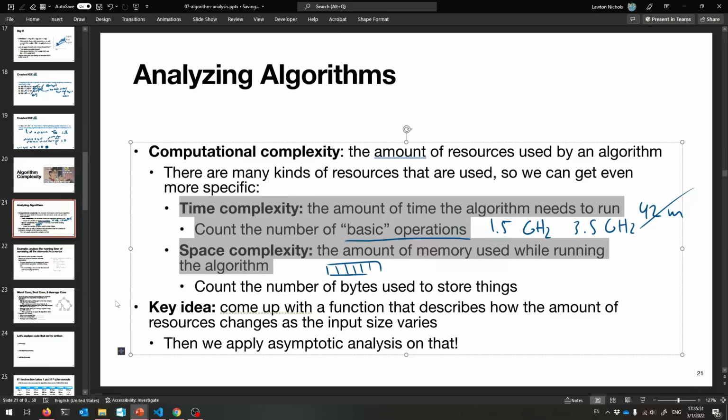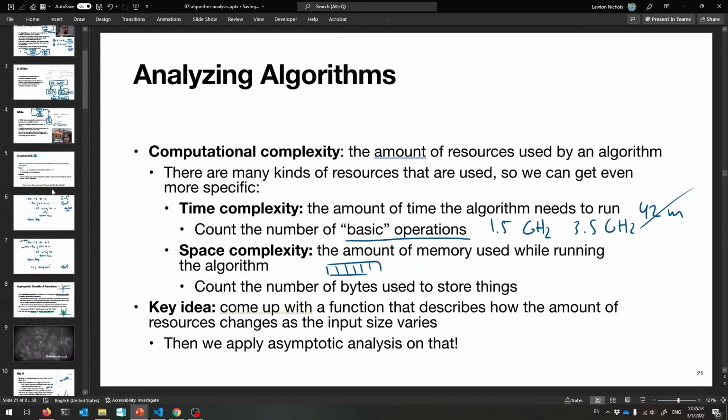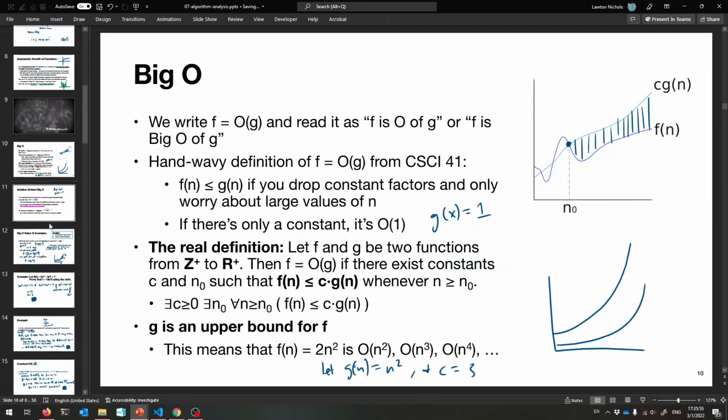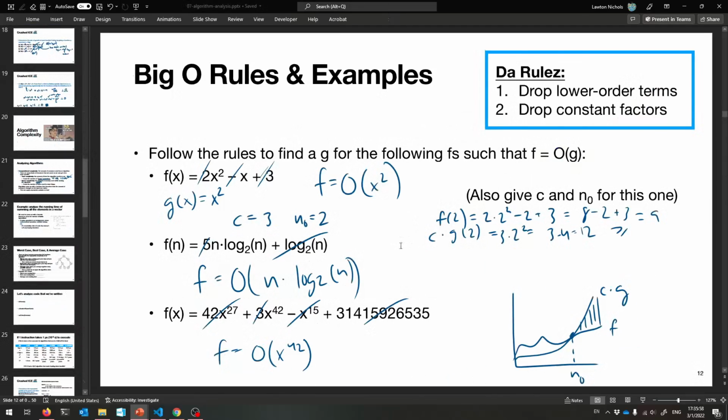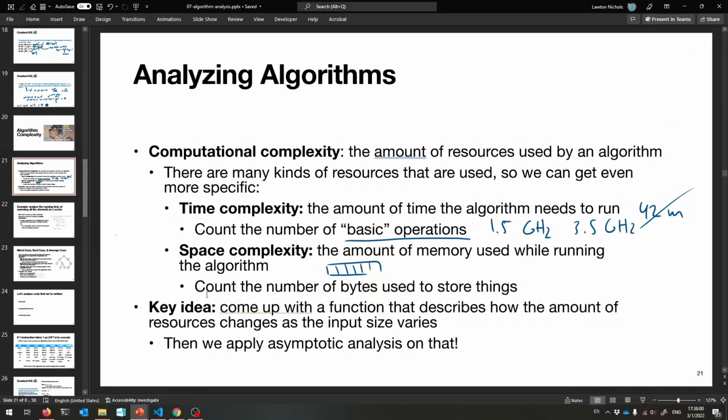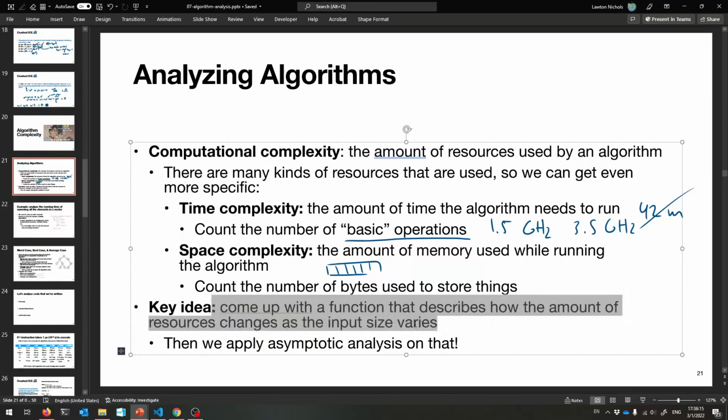And the whole point, the whole reason we had this section on all these big O, big omega, big theta, asymptotic complexity of functions, is that we want to translate our program's basic operations, our program's number of bytes that it's using to execute. We want to make functions that describe those things, the amount of resources used, given a variable input size.